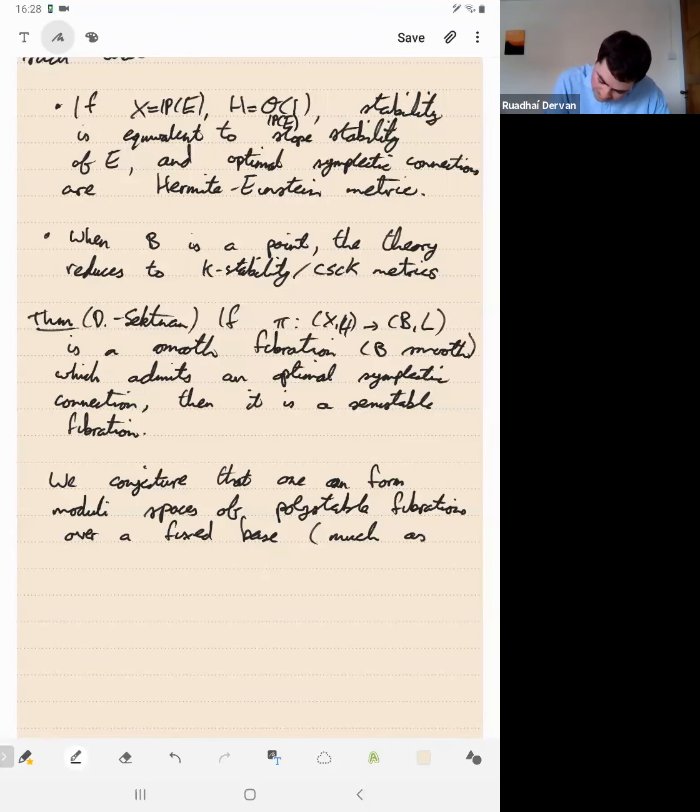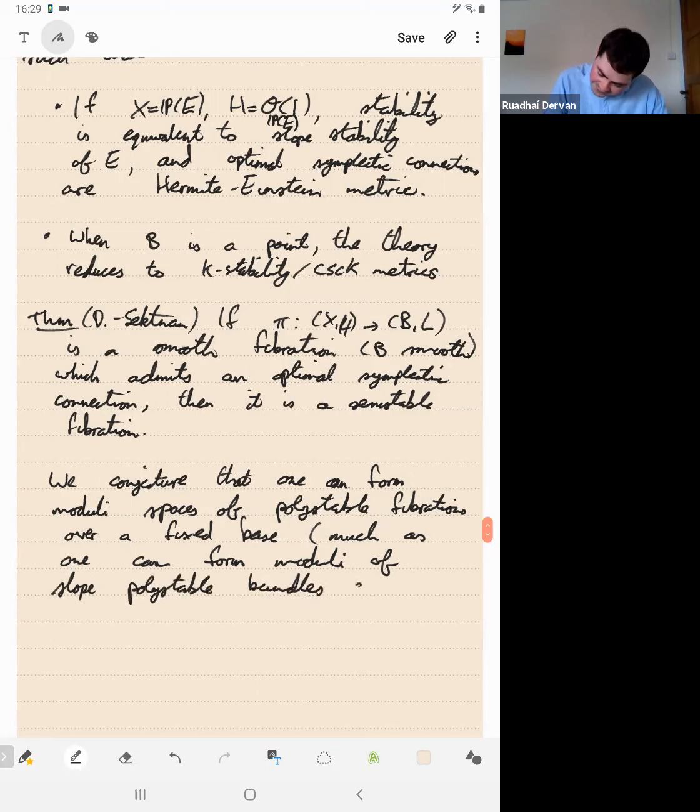So much as one can form moduli of slope polystable bundles over a fixed space, and in that case you can even compactify.